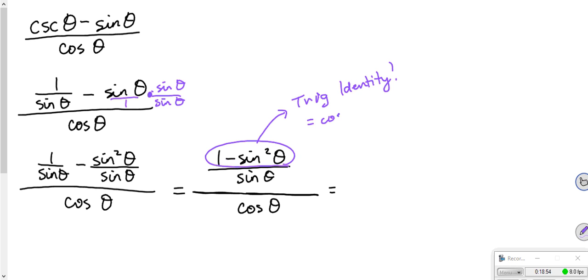So that is going to equal cosine squared theta. 1 minus sine squared theta equals cosine squared theta. Again, remember the trig identity is sine squared plus cosine squared equals 1.